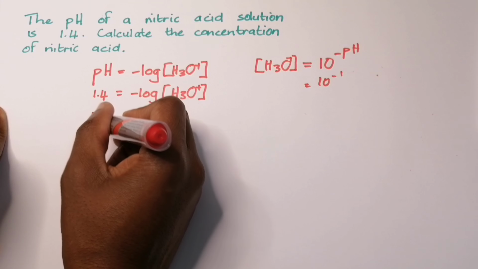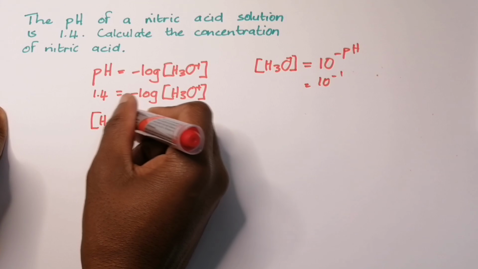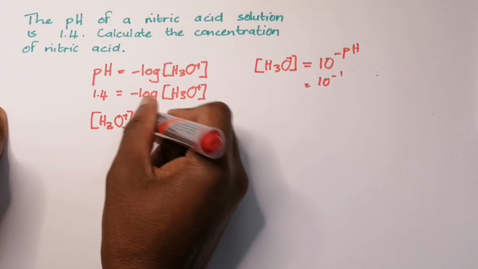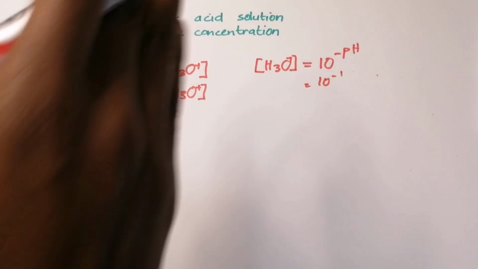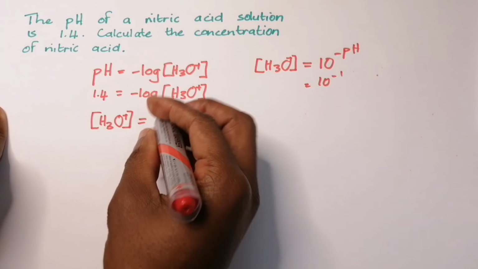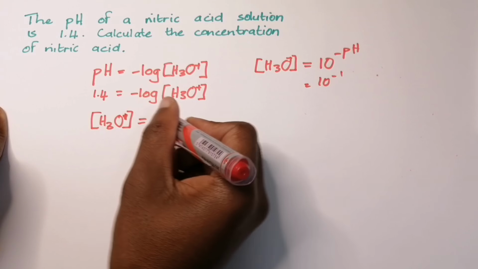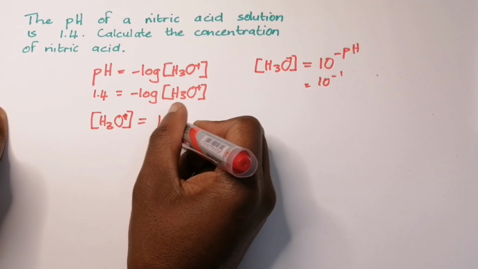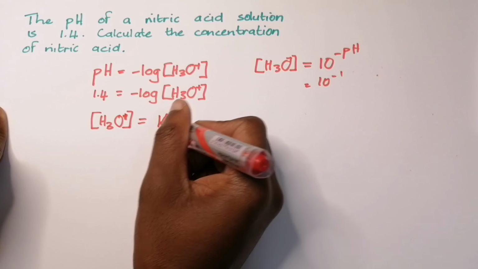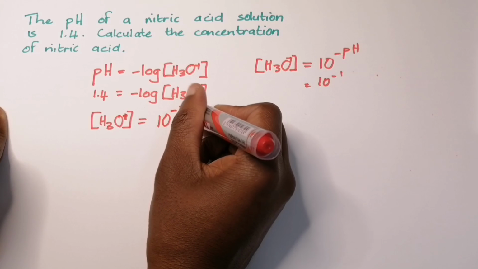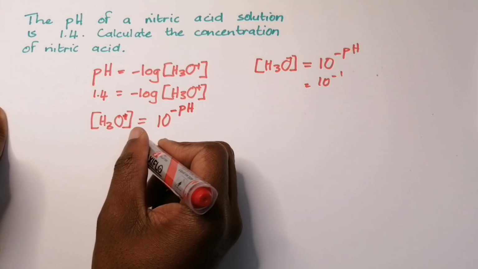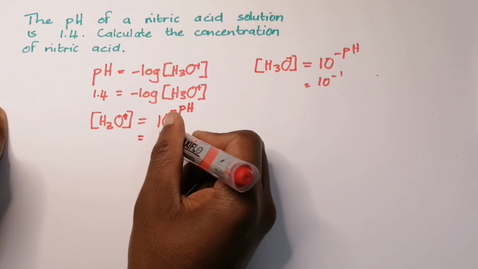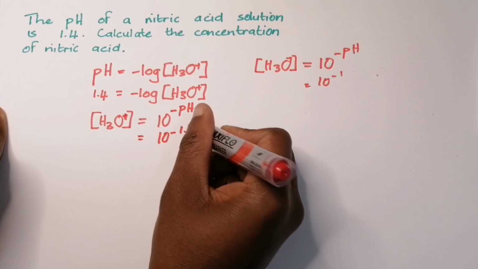Please don't ask me how you get to that. For now, let's focus on this. H3O+ will simply be 10 to the minus pH. We'll have a maths discussion about it someday. So in this case, that's 10 to the minus 1.4.